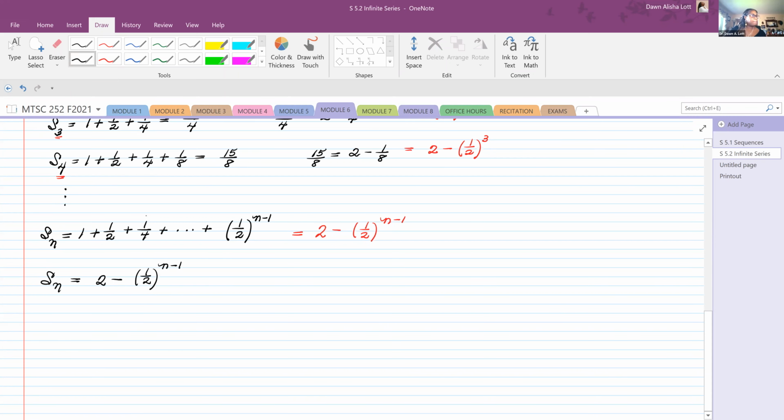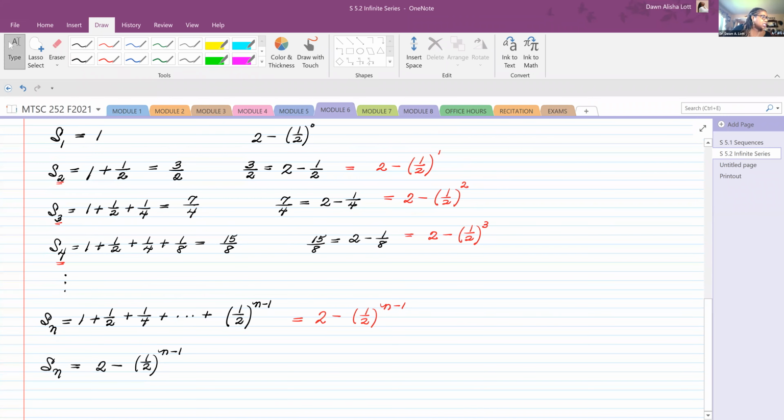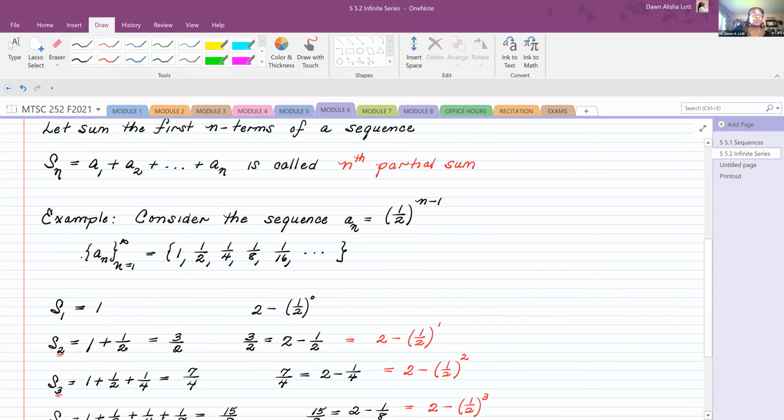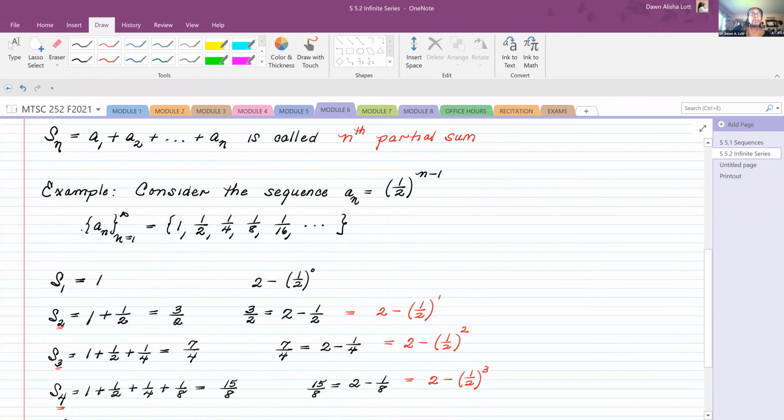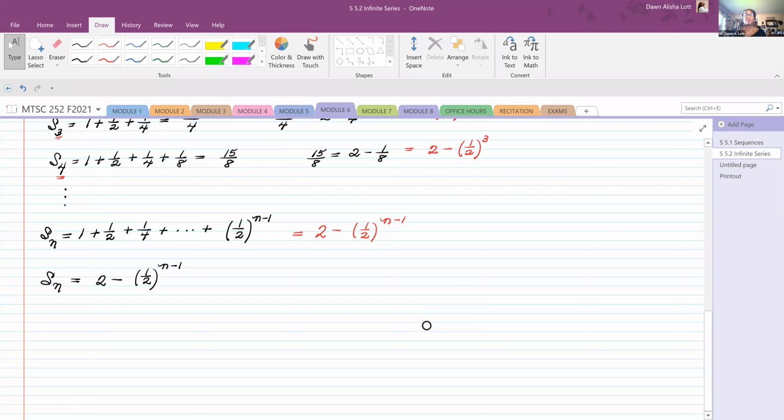Now guess what? If I sum the whole series, that would be summing everything on out to infinity. Well, that would look like the limit as n goes to infinity because I'm summing all the terms that go to infinity. So the first thing I want to do is give you a notation.